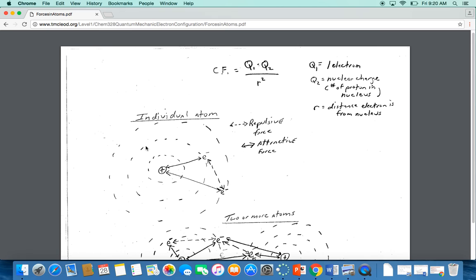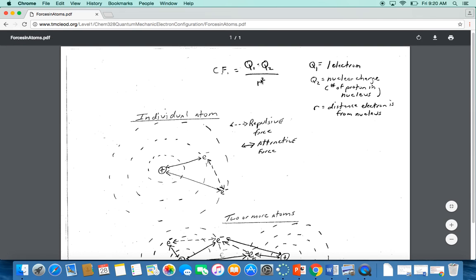So what happens in an individual atom is there's a counterplay, a resulting force from the repulsive force of all the electrons to each other and the attractive force of the electrons to the nucleus. It will eventually, very quickly, equalize out, and you get the size of the atom. Therefore, you know how far the electrons are from the nucleus, which makes a big difference.